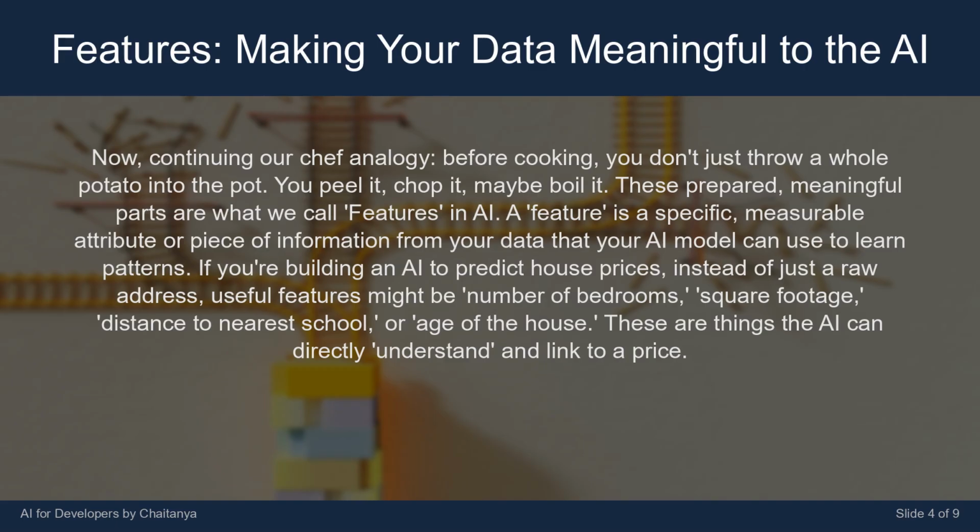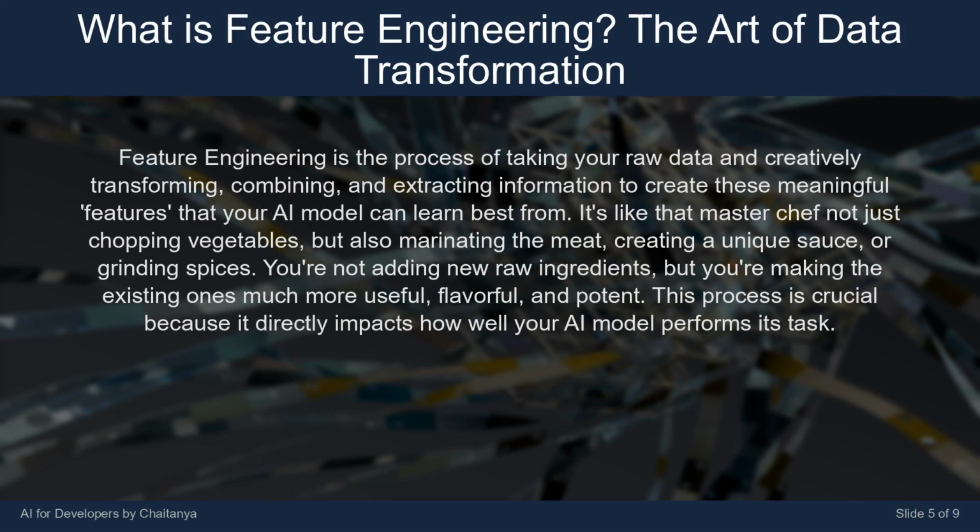These are things the AI can directly understand and link to a price. Feature engineering is the process of taking your raw data and creatively transforming, combining, and extracting information to create these meaningful features that your AI model can learn best from.